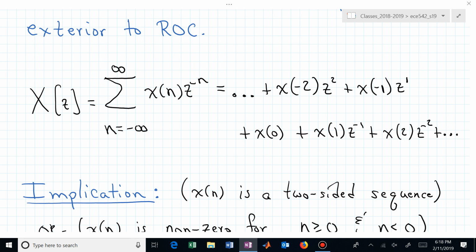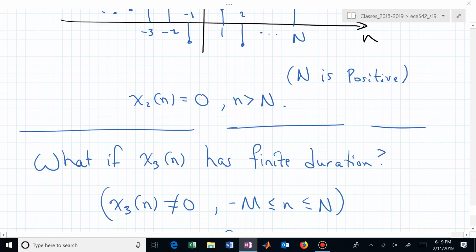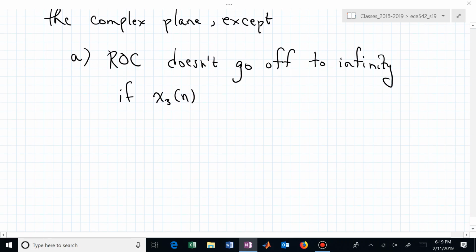When it went off to infinity, what were we saying? We couldn't have any negative index terms, right, when it went off to infinity. Now if it doesn't go off to infinity, we can have non-zero x's for negative n's. Is that okay? I'm not sure I'm going to like the way I write this, but I'm now going to say if we don't go off to infinity, then x sub 3 of n is not equal to 0 for n less than 0.